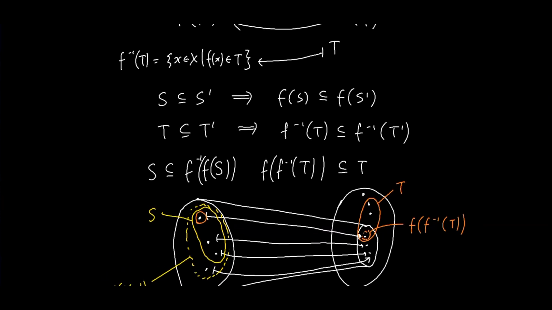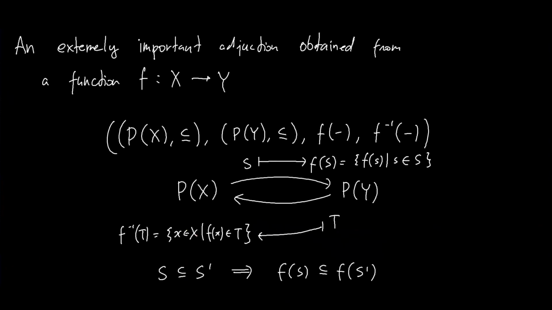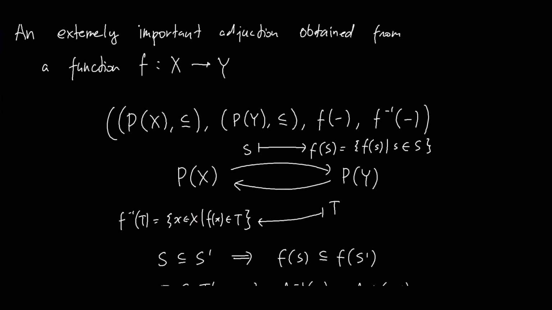So you see, and of course, this is not the only set theoretic adjunction, or in other words, Galois connection. There is another one which is historically the first one, the one that Galois considered, that comes from Galois theory. Then there is a general construction which builds an adjunction out of an arbitrary relation between sets.